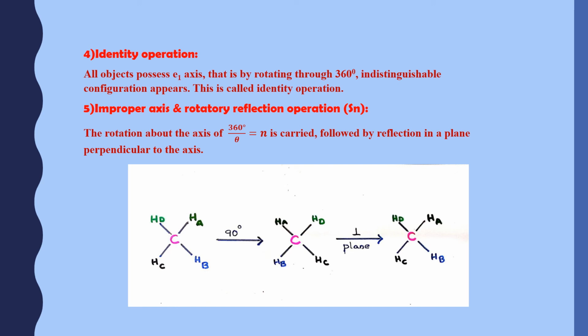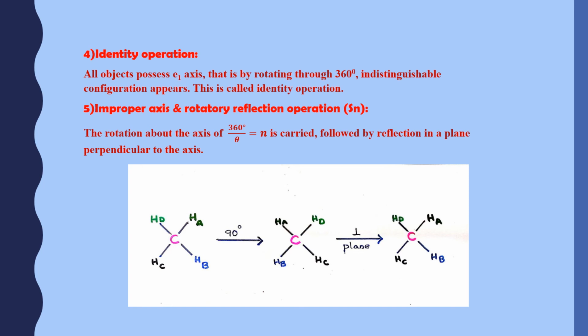Then an indistinguishable configuration appears. Look at the example taken below: after 90 degrees, when it is reflected in a plane perpendicular to the axis, a configuration appears which is indistinguishable. The initial and final images, if you have a glance over here, are indistinguishable.